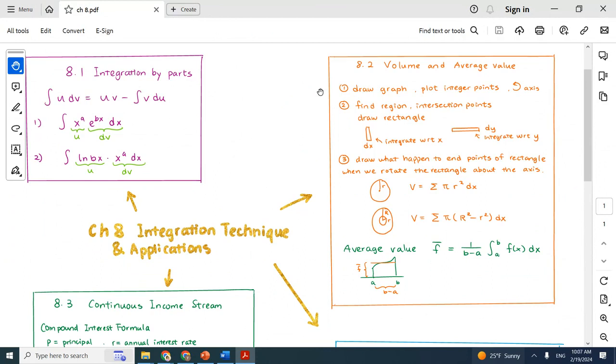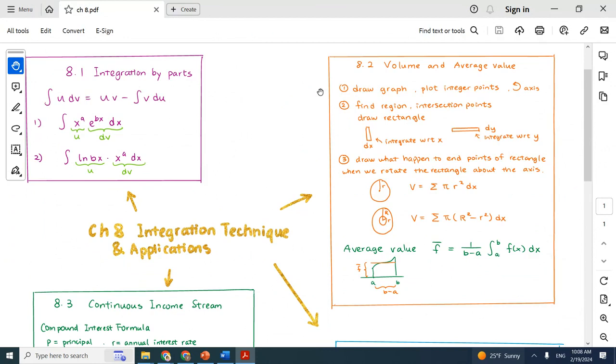And then after you find the region, sometimes the region is bounded by two curves. Then you need to find the intersection points. There are two methods to find the intersection point: you either keep plotting points until you find it, or you solve the system of equations.